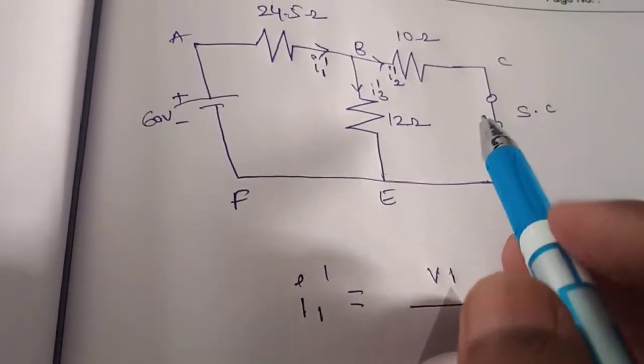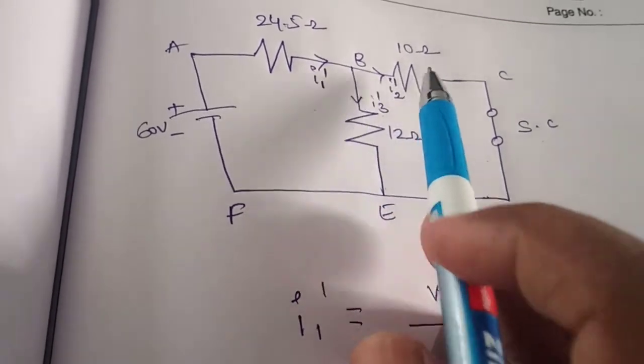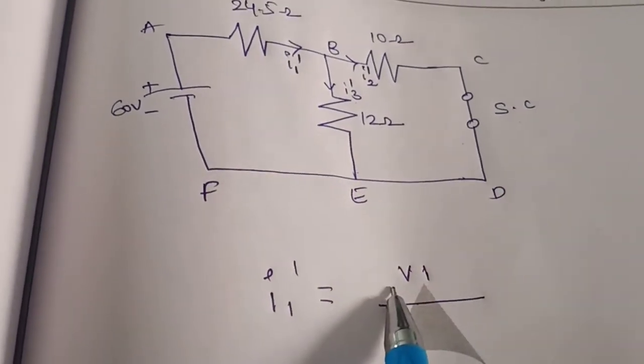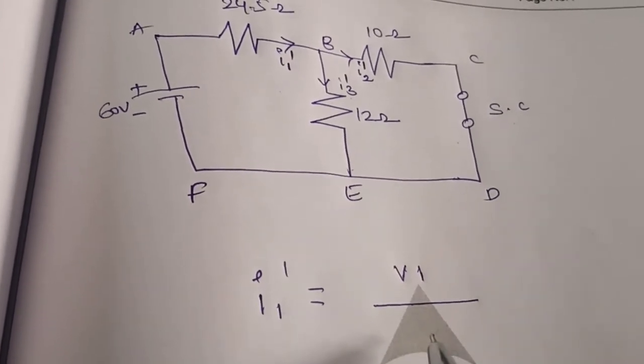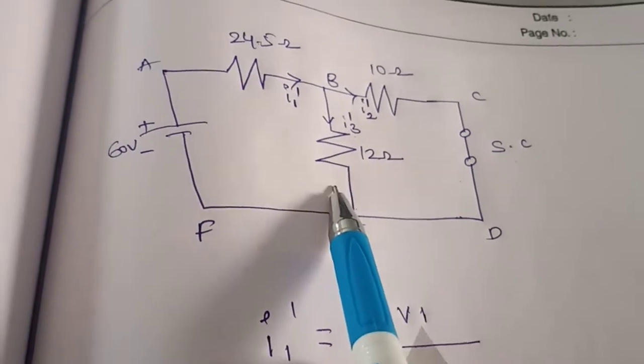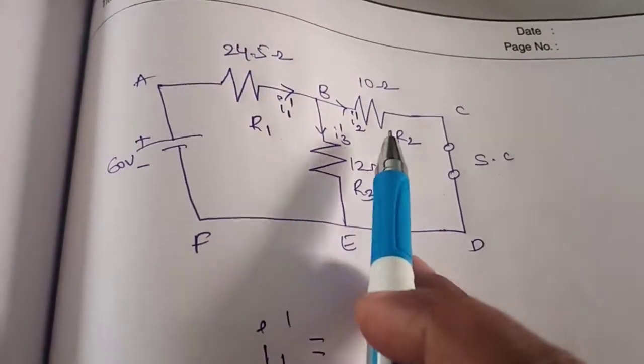Next let us see how these two resistances are connected. I equals V by R, right, is the formula. So we have V, then we have to find the resultant R. Here you can see that 10 ohms and 12 ohms are both connected in parallel, right? These two are connected in parallel.